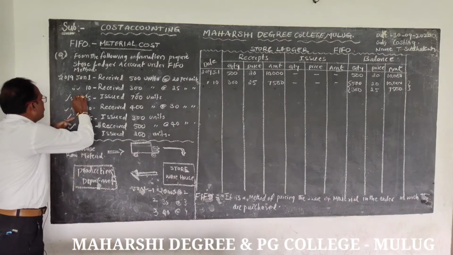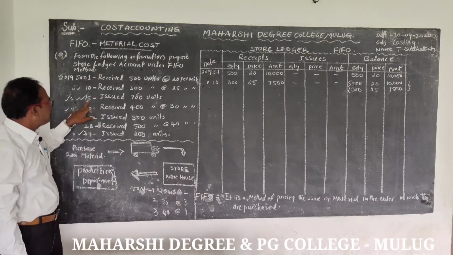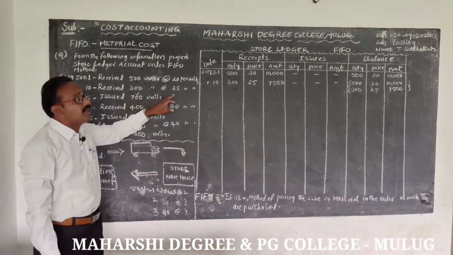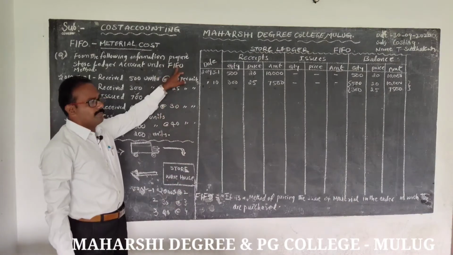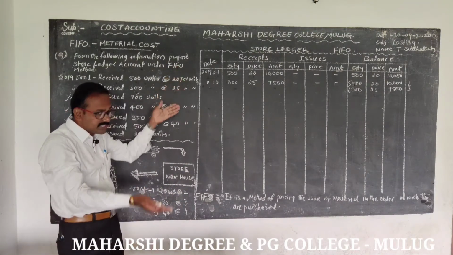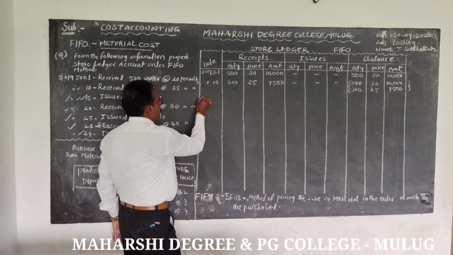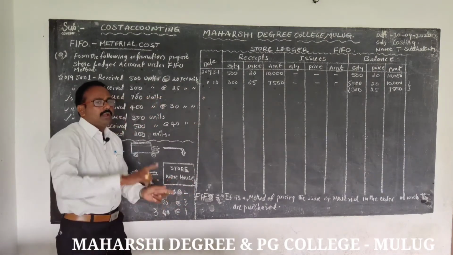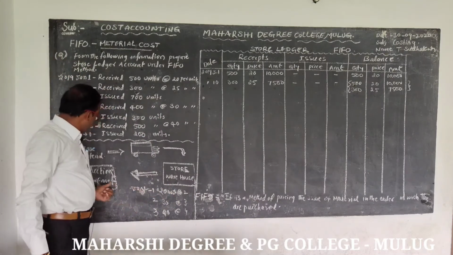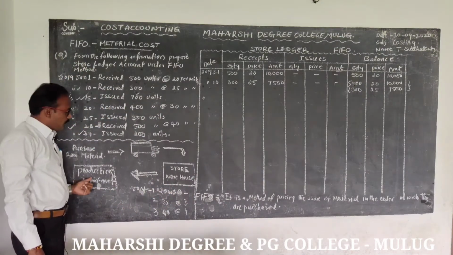The next, third transaction, on the 15th, issued 700 units as per the FIFO method, first in first out. So 700 units are issued from the store to the production department.